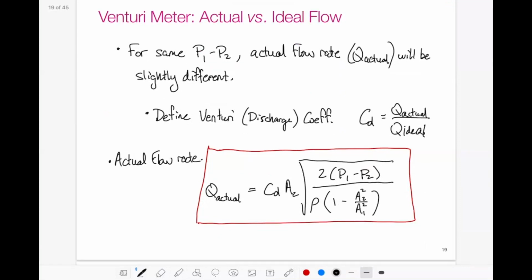Sometimes, very rarely, we have flow that is equal to our ideal flow. There are some losses, although they might be minimal. And so we can introduce a Venturi or discharge coefficient, which is our actual flow rate divided by our ideal flow rate. And so if we take our ideal flow rate and multiply by our discharge coefficient, we can get our actual flow rate, which is this equation here.